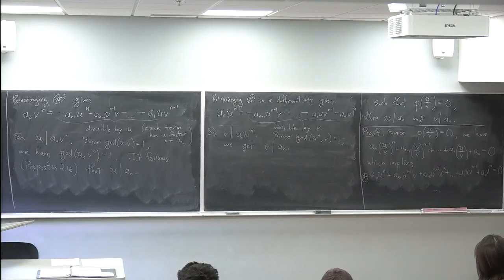So, I guess what's true, just going back to something I was talking about before we proved anything, is that we never used the fact that a naught or an is non-zero. It's just that if one of them was 0, this is a useless conclusion, right? To learn that an integer divides 0 tells you nothing.